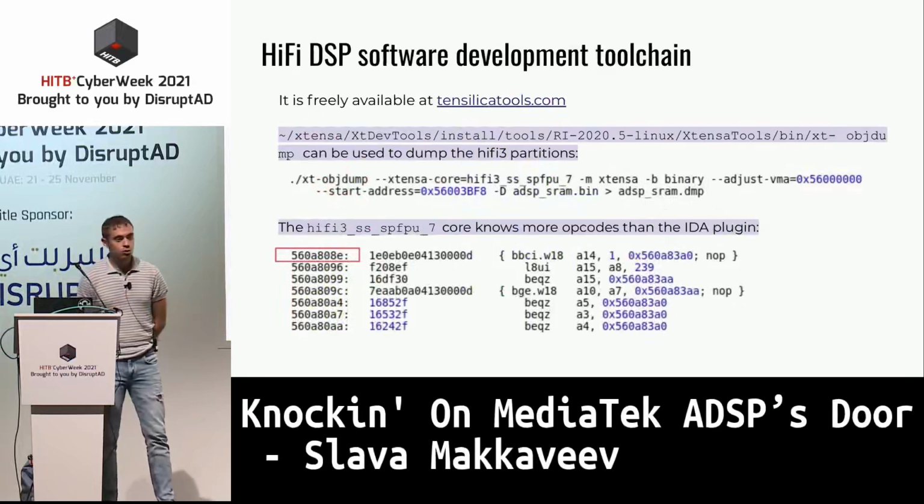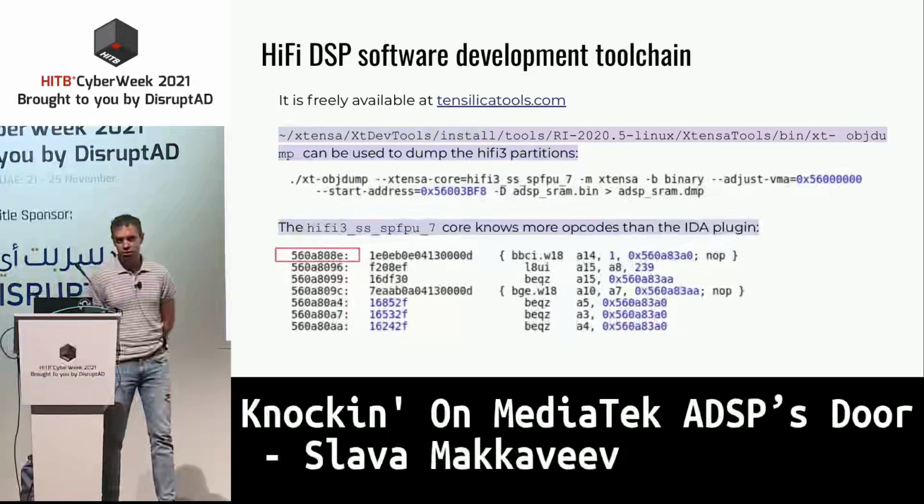Eventually, I found a good solution, which is to use the Xtensa SDK to help IDA. The HiFi 5 DSP software development toolchain can be freely downloaded from the Tensilica Tools website, and the XT Dev Tools are a part of the installation package. I used the xt-objdump tool to dump the HiFi 5 three partitions of the audio DSP, and on the slide you can see the way I dumped the SRAM partition.